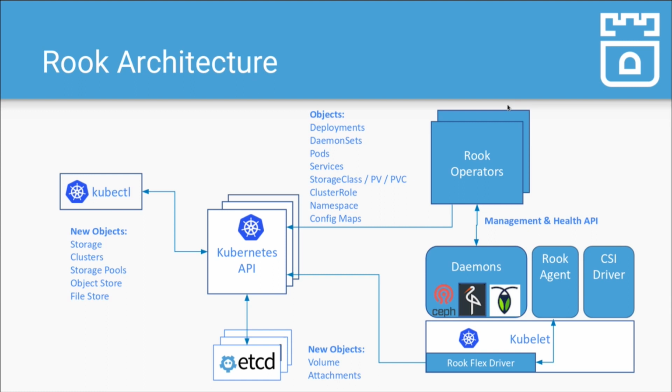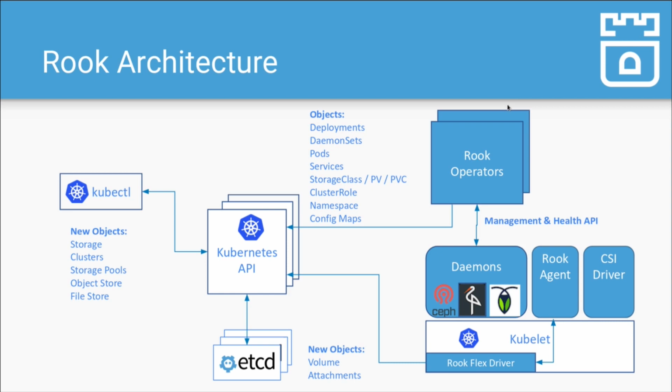So let's see. Rook is, again, a storage operator, and it's meant to find storage in your cluster. That is, find devices that are available and can be used for storage. Given certain configurations that are set up by the cluster operator through the YAML descriptions of what the cluster's desired state should be, the Rook operator will go out and set up the cluster on the Kubernetes infrastructure, and that involves creating object storage device daemons.